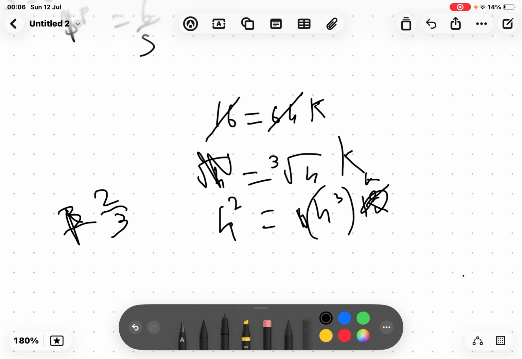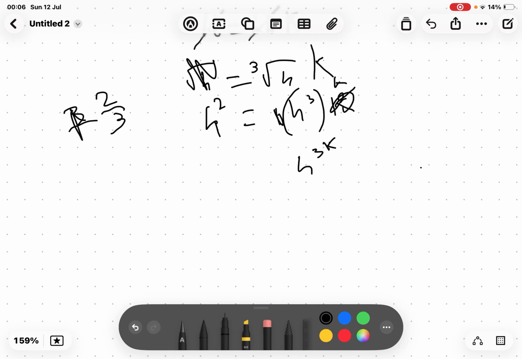So now that we've got the same base number here, 4, I can try and solve for k. I know that here I need to multiply the powers together, so I can just remove those brackets. So that 4 squared is the same thing as 4 to the power of 3k, okay?